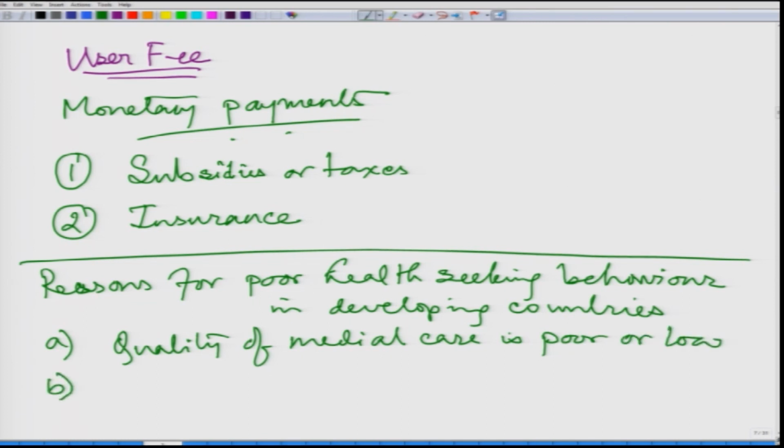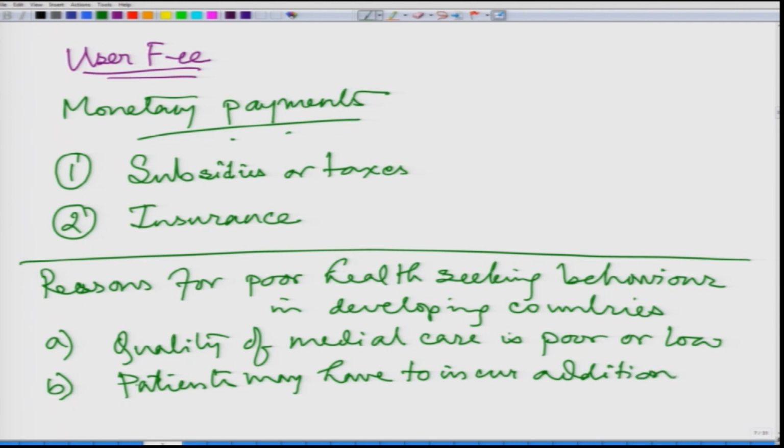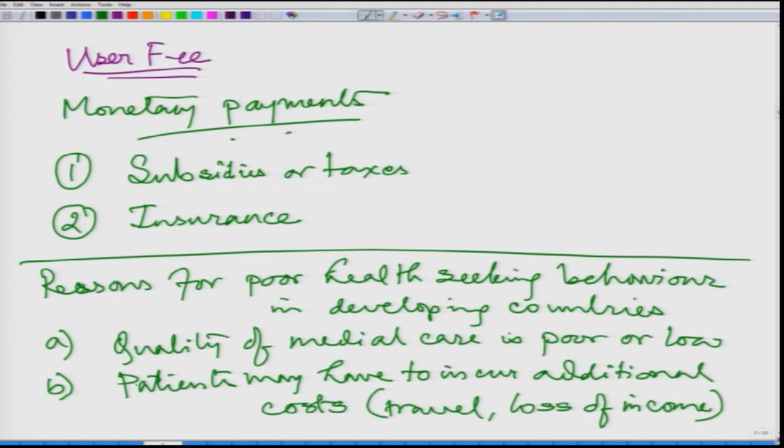And second, the patients may have to incur additional costs in terms of cost of travel and loss of income, because their healthcare is not being covered by somebody else, and they have to cover it by themselves, so it is pretty high for them.